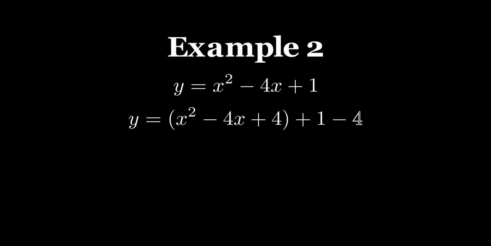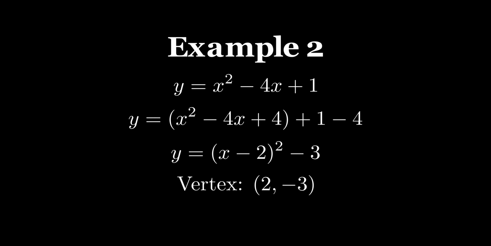We add 4 inside the expression and then subtract 4 to keep the equation balanced. After rewriting, the function becomes y equals the quantity x minus 2 squared minus 3. Now the structure is clear. The vertex is at (2, -3). Once again, a is positive, so the parabola opens upward, and this point is the lowest point of the graph.